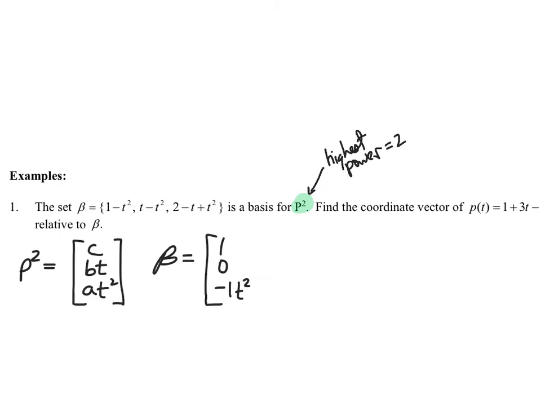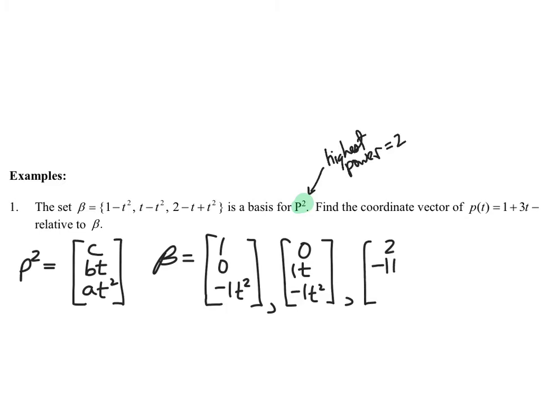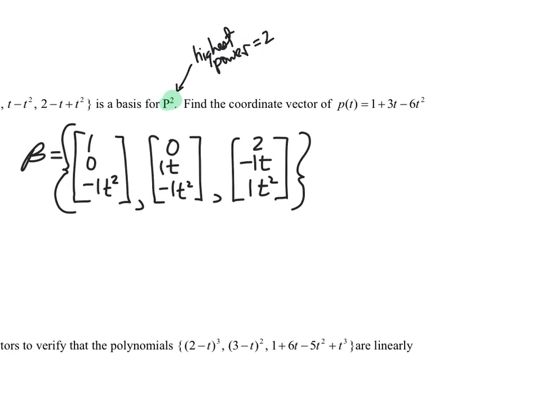But for now, I'll just write them this way: 1, 0t, -1t squared; 0, 1t, -1t squared; and then 2, -1t, 1t squared. All right, so that forms my basis, but we're going to drop the variables because all we need is the coefficients.